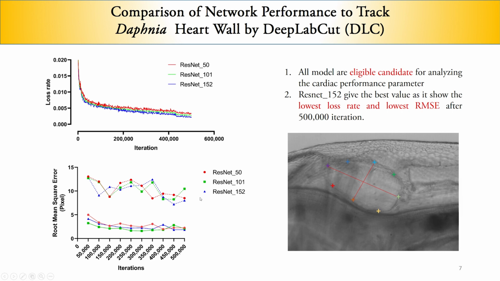And also, ResNet 152 gives us the lowest root mean square error at the end of 500,000 iterations. So in this case, we could say that our model is actually an eligible candidate for analyzing cardiac performance. However, ResNet 152 is the best one because it shows the lowest loss rate and also the lowest root mean square error.